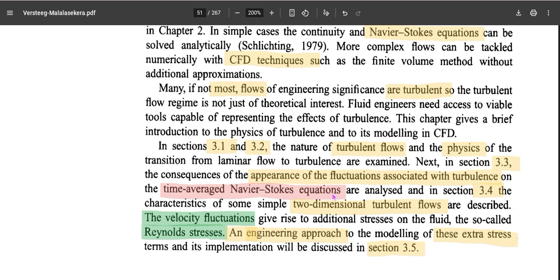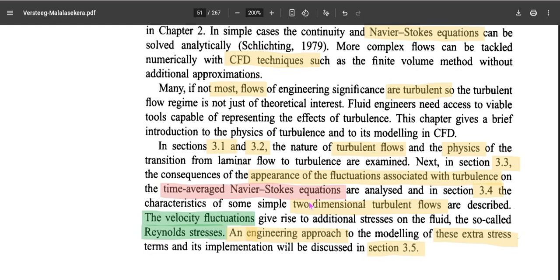Section 3.4 is going to describe how that time-averaged Navier-Stokes equation is different from the time-dependent Navier-Stokes equations, and how the extra terms appearing are termed Reynolds stresses due to the velocity fluctuations.